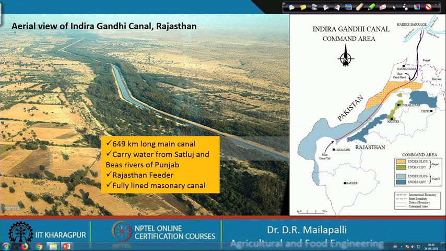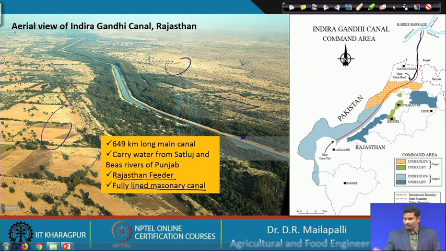This is the Rajasthan feeder, and it is a fully lined masonry canal, giving water to the desert area of Rajasthan. So this is an example of how the water is being conveyed from rivers to canals and then finally to the nearest fields.